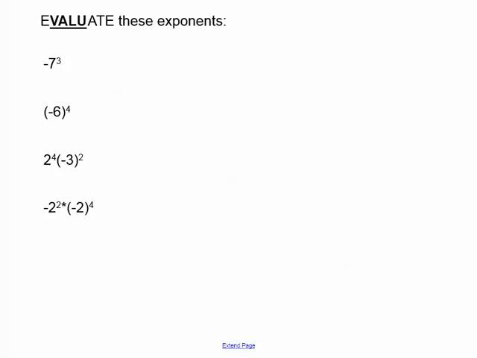If we're evaluating exponents, we're again finding a value. Keep in mind this is the -1 outside. The base is 7 cubed. The -1 stays outside, and if there's no exponent written, we have to understand that there's an unwritten 1 as an exponent, telling us we're only going to multiply that base by itself just once.